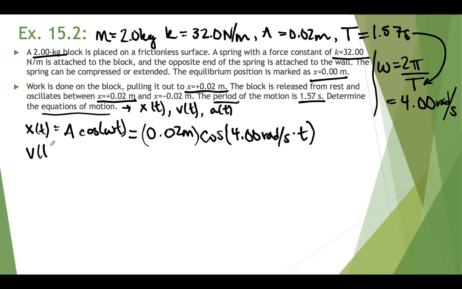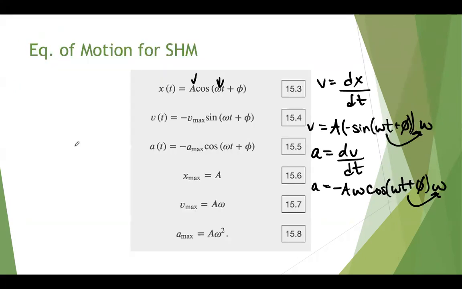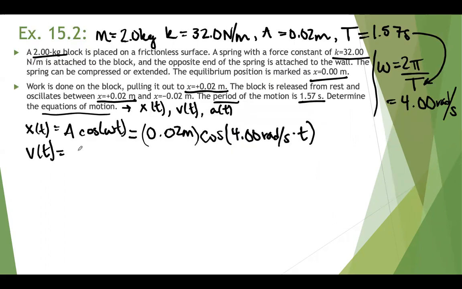Now we want to find v of t. And v of t is going to be negative A omega sine omega t. Okay. So I'm going to go ahead and put A times omega into my calculator. So my amplitude is 0.02 times my omega, which is 4.